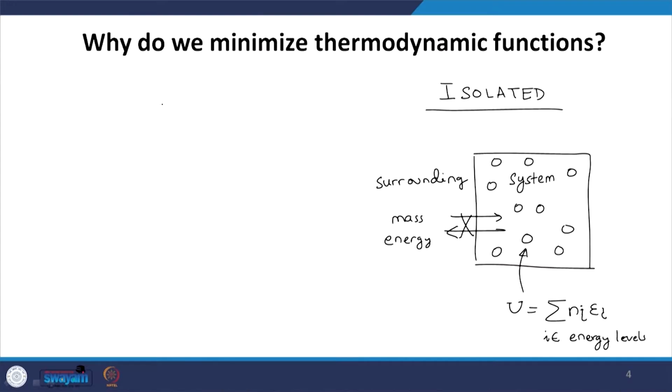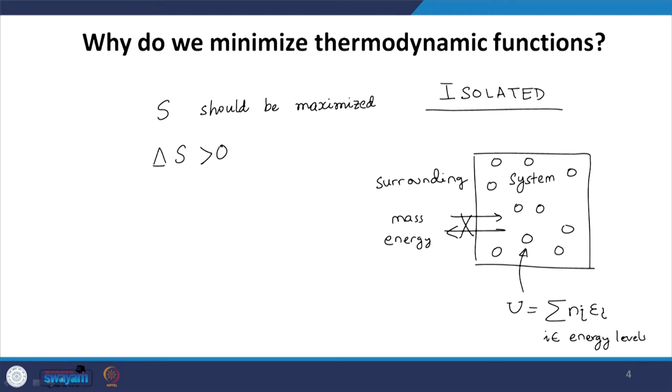So, in this case essentially what should happen is that S should be maximized, and that means that delta S should be higher than 0.